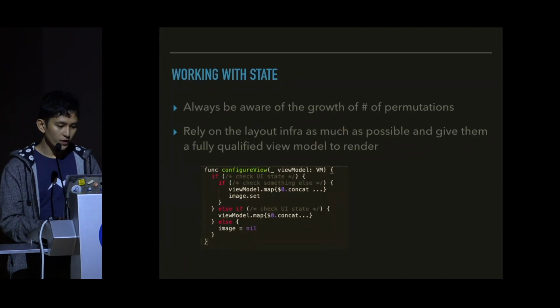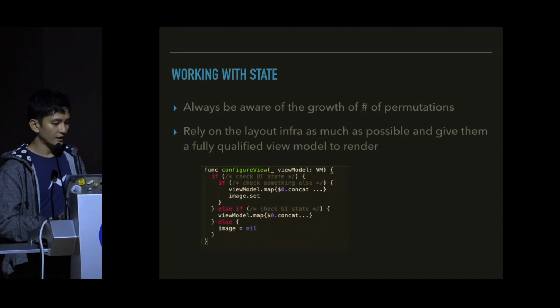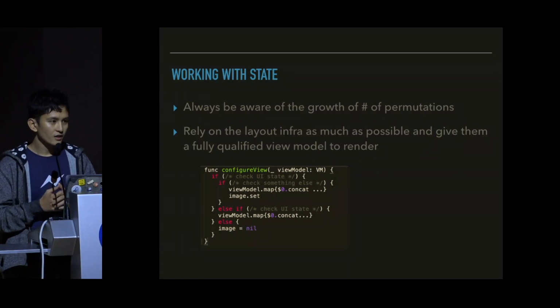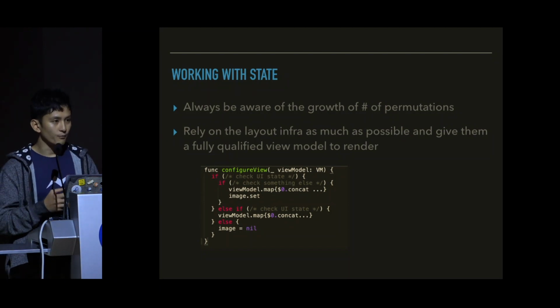So when working with state, always be aware of the growth of the number of permutations, and rely on the layout infra. Like I said, I didn't really have a lot of complicated logic in the view itself or the component itself, right?